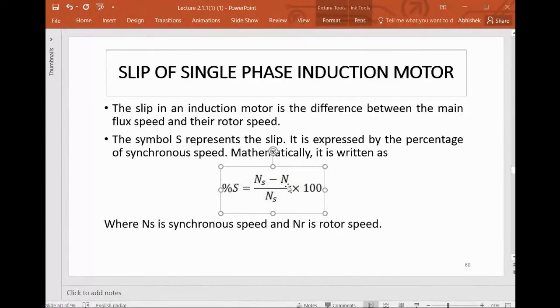Slip is equal to Ns minus Nr divided by Ns, multiplied by 100, where Ns is the synchronous speed and Nr is the rotor speed. You multiply by 100 because you have to calculate the percentage. So the slip in an induction motor is the difference between the main flux speed and the rotor speed. The symbol S represents the slip, expressed as a percentage of synchronous speed, and mathematically S is equal to Ns minus Nr divided by Ns multiplied by 100.